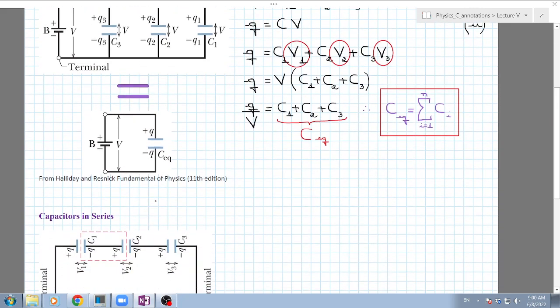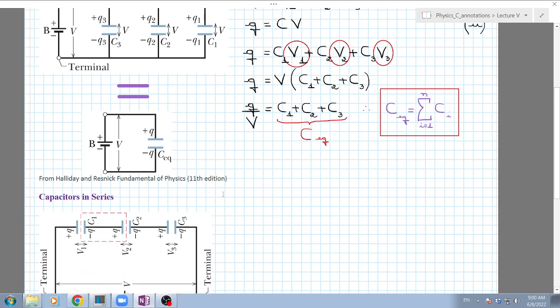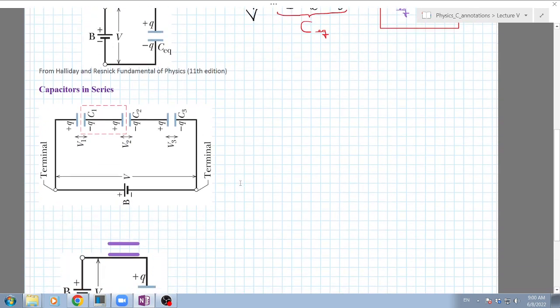So what brings us to the next case is how we find the equivalent capacitance for a circuit in series.